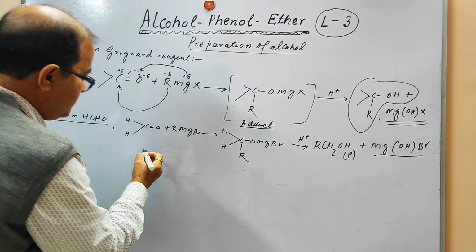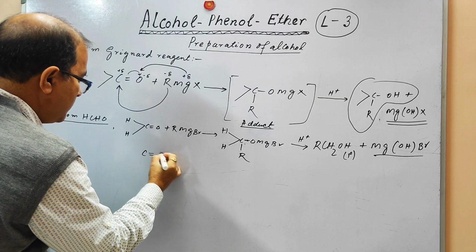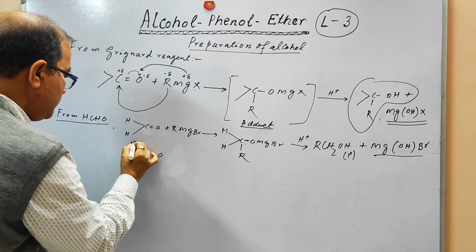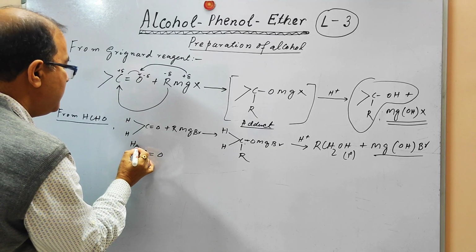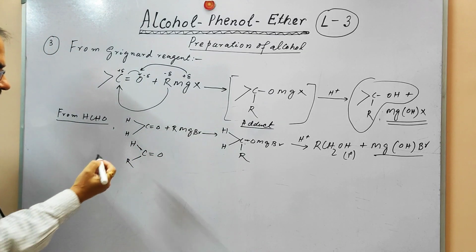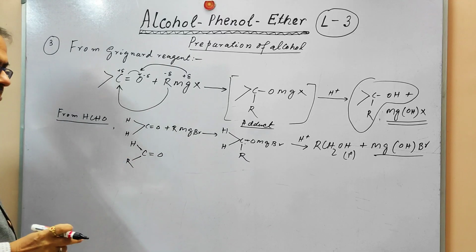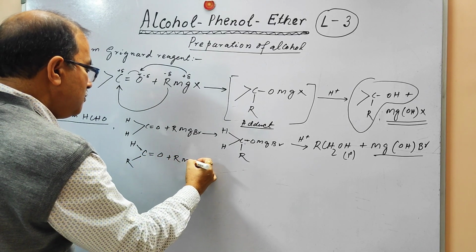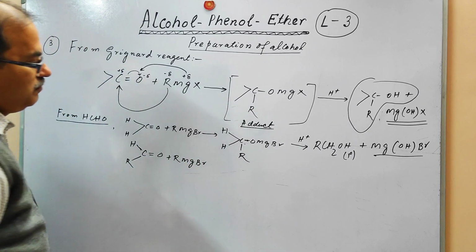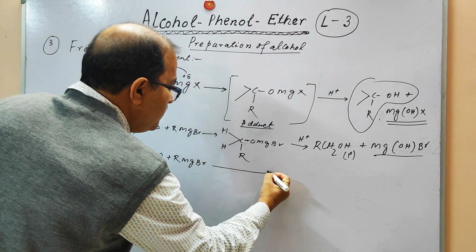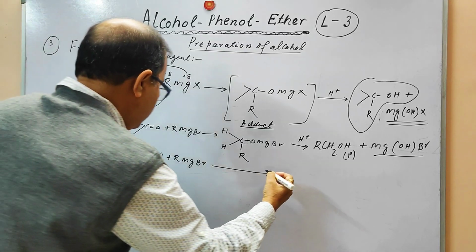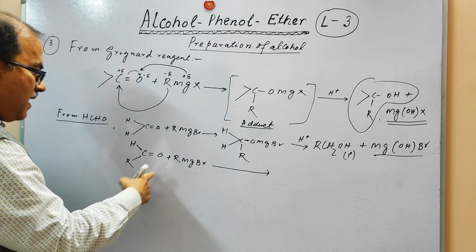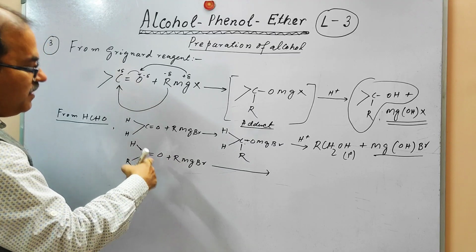But if it is acetaldehyde, or we can say any other aldehyde, when this R will be CH3, the product we can easily understand: R will be attached here and H will be attached here after the compound.